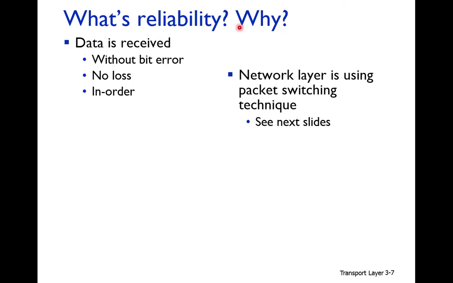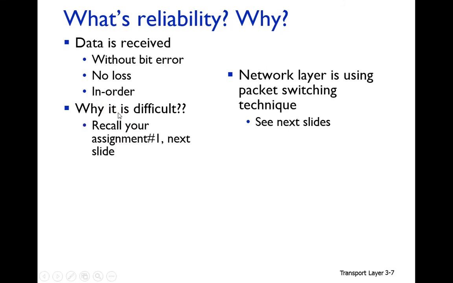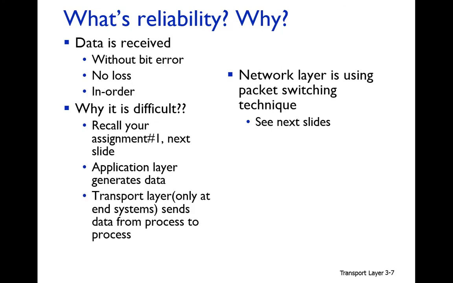Why are we concerned about data reliability at the transport layer? Let me give you an overview. And why is it difficult? Why is reliability difficult to achieve at the transport layer? Recall from assignment number 1 and the application layer that the application layer generates data and then gives the data to the transport layer.